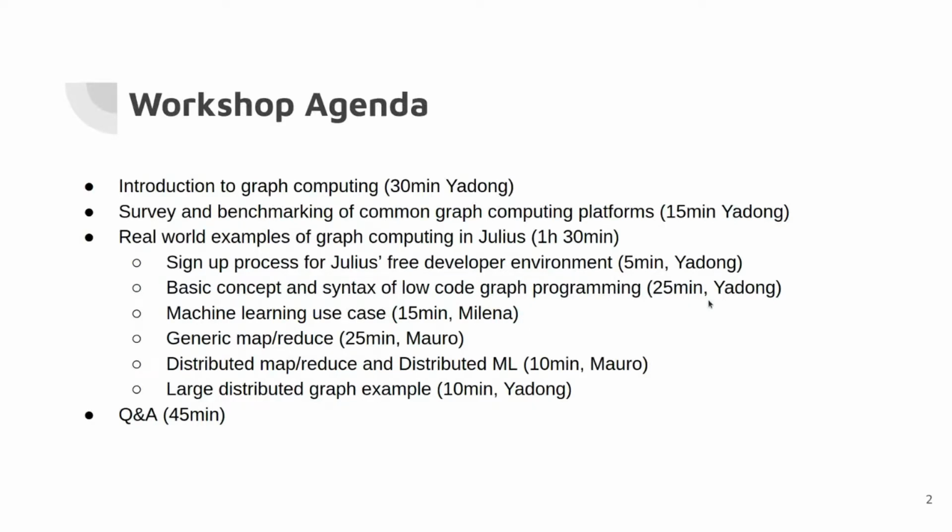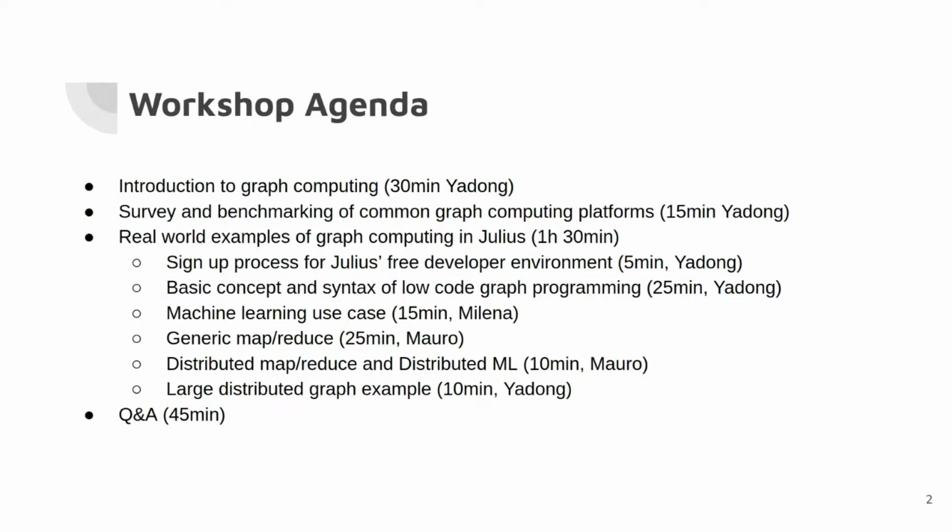This is the agenda for today's workshop. First, I'm going to make a short presentation covering the basic concepts and the key benefits of graph computing and why it's important. Then we're going to go through a benchmark study showing some of the common platforms available to Julia and Python developers, and do a benchmark study of these different platforms.